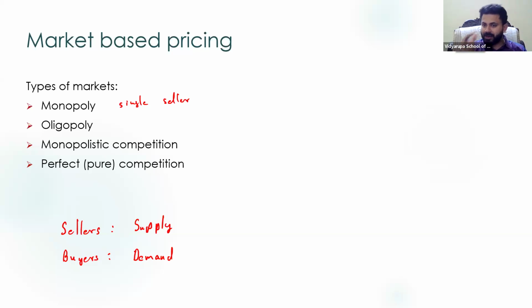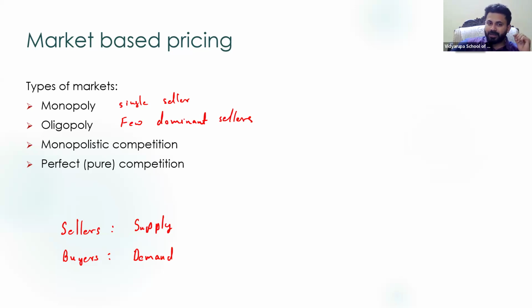So not a single seller, there are multiple parties, but only a few. This situation is what we refer to as an oligopoly market.